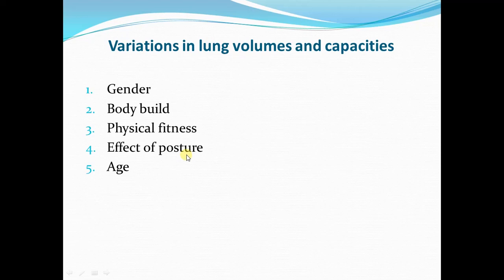The vital capacity is decreased on lying down because more blood is retained in the lungs in lying posture, and this interferes with the inflation of the lungs. So when a person lies down, the vital capacity is decreased.